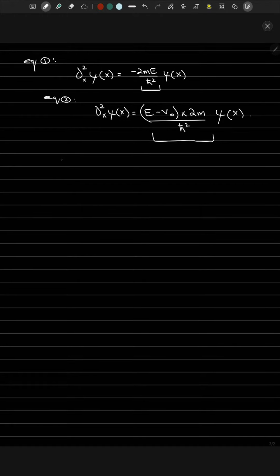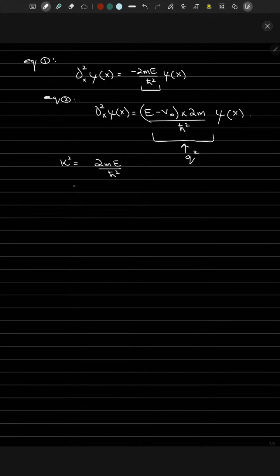What I'm going to say is I'm going to label k squared as 2me over h cut square, and I'll call this one q squared.